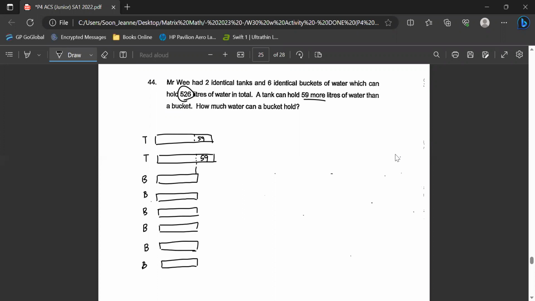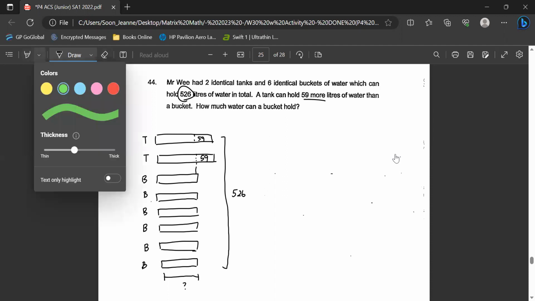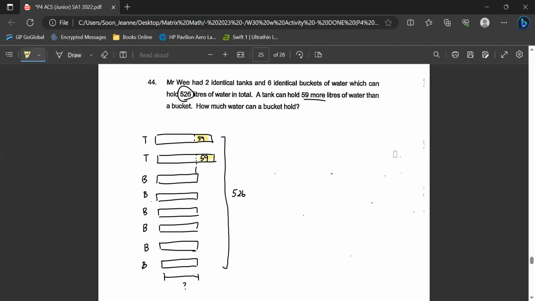So total, like we said just now, the whole thing is 526 liters. I want to know how much a bucket can hold. This is what I need to find. As you can see, there are differences of 59 here, which I need to remove so that there will be an equal number of units. So you have to remove two 59s.